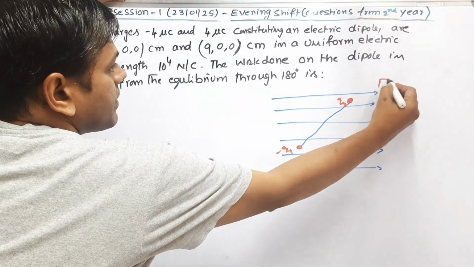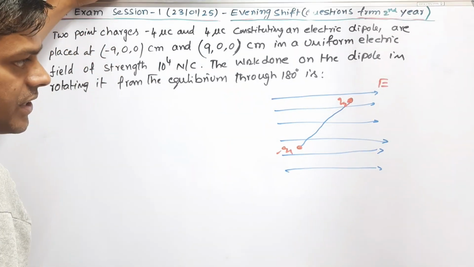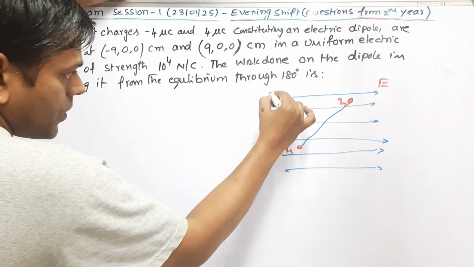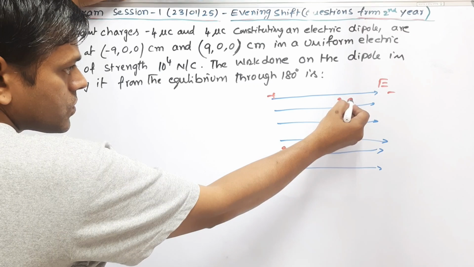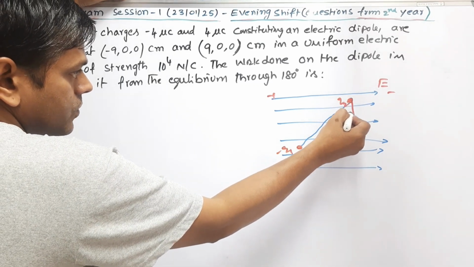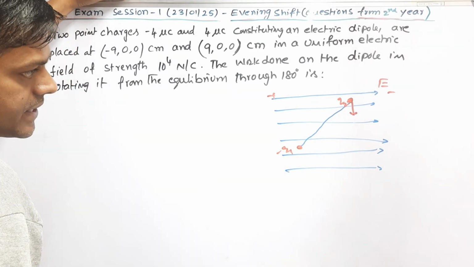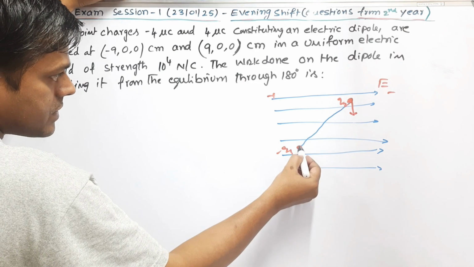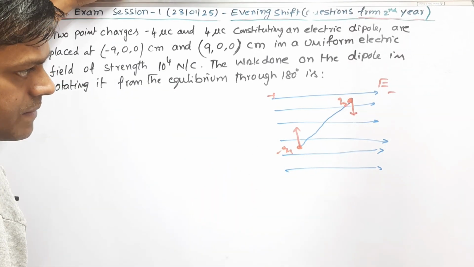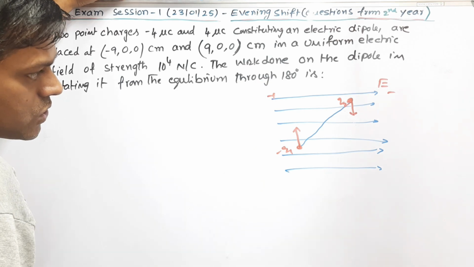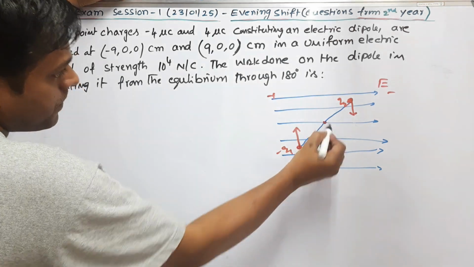This is the electric field direction. We know electric field is always from positive to negative. So this is positive, and this negative is pulled against the field direction, attracted towards the positive like this. These two forces are the same in magnitude but opposite in direction, so they constitute a couple.